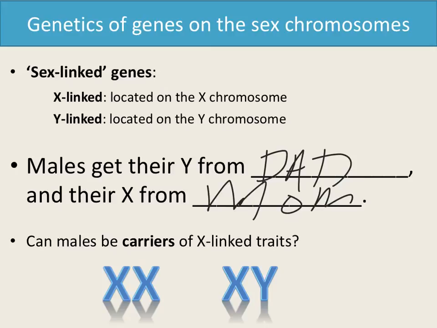Like with Huntington's disease, well, first of all, it's not on a sex chromosome, so we can forget about that. And there's another thing. Can males be carriers of X-linked traits?